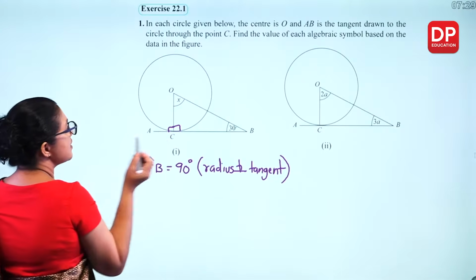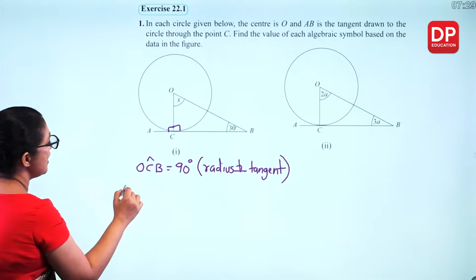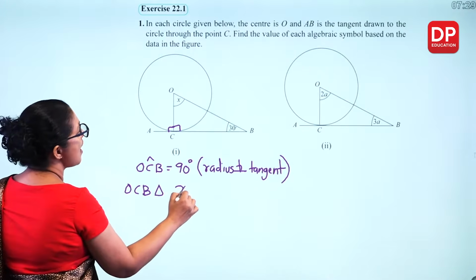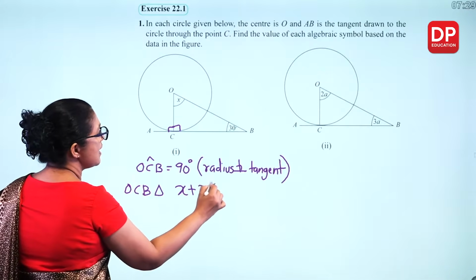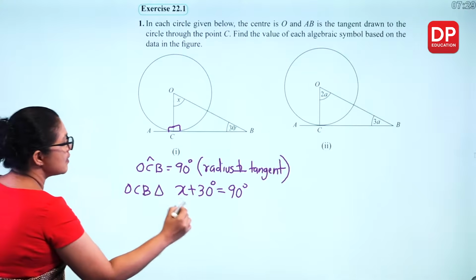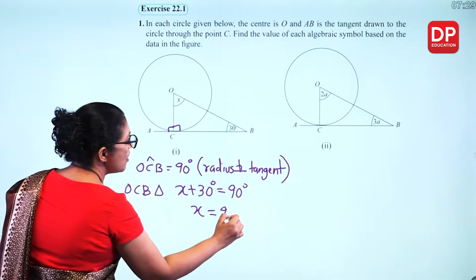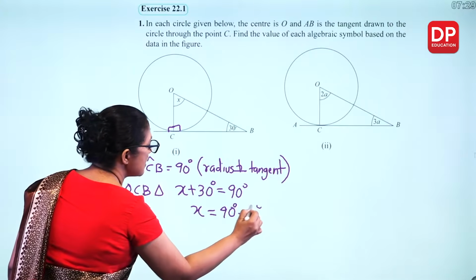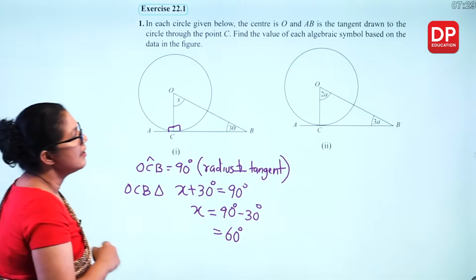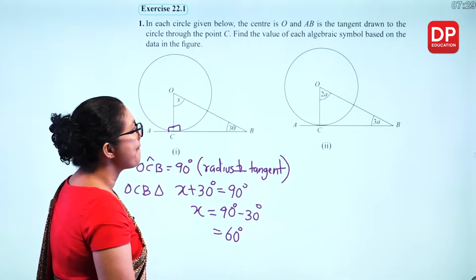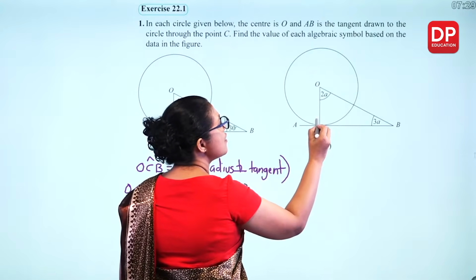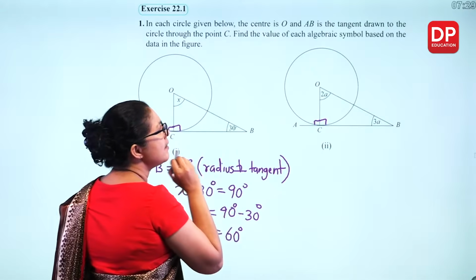Now we can take the triangle OCB. I can write x plus 30 is 90 degrees because this is already 90. So x is equal to 90 minus 30. You get 60 degrees. Look at the next one. Again, this is the radius and this is the tangent. This is perpendicular.